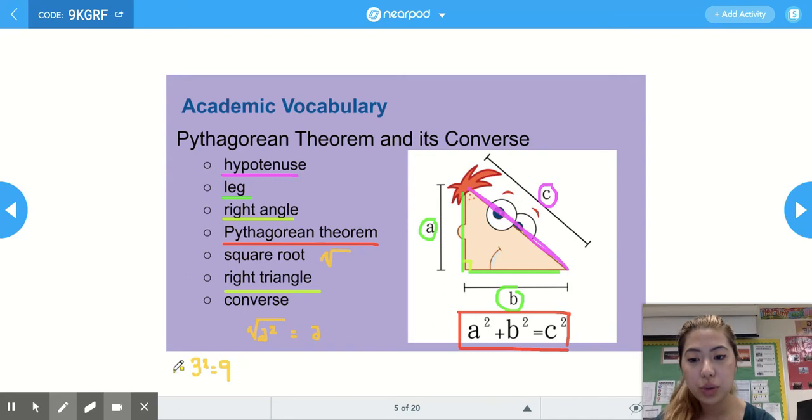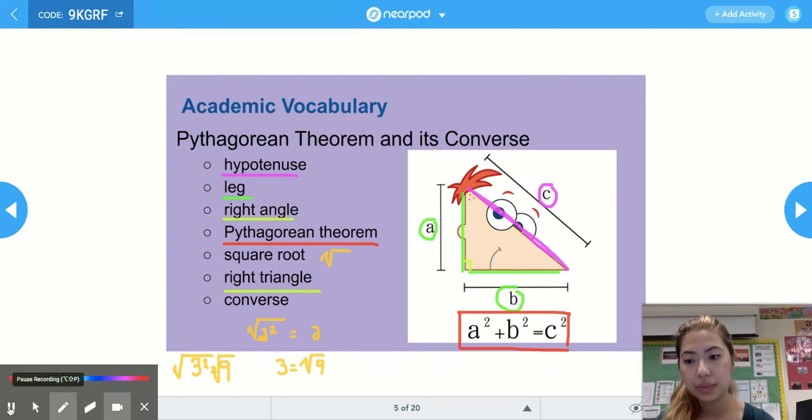So if I square root each side, the square root symbol and the 2 cancel each other out, so then I'm left with 3 is equal to the square root of 9. And if you think about it, what number times itself is equal to 9? That's 3. 3 times 3 is equal to 9.